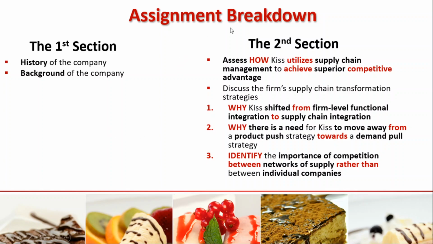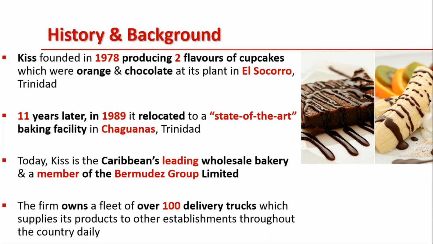Here is where I'm going to jump in and show you how the assignment is to be put together. In terms of the history and your background, you could talk about when the company was founded, the type of products, where it was located. Like the example that we have here, KISS was founded in 1978 and it was producing cupcakes as opposed to KISS cakes, and they were only available in two flavors, orange and chocolate.